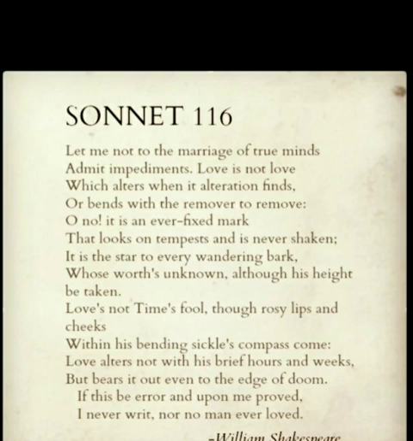As we know, this is the 116th in the series of sonnets, and in this poem, true love stands for true friendship, and the poet describes the nature of true love, which will remain ever in this world.